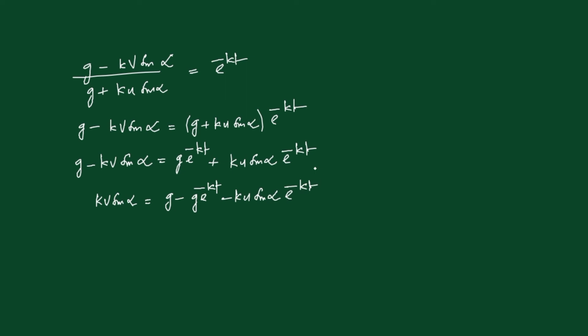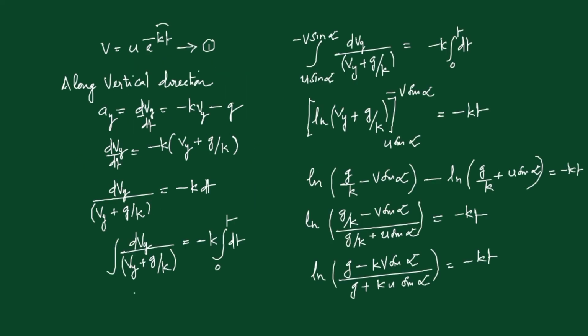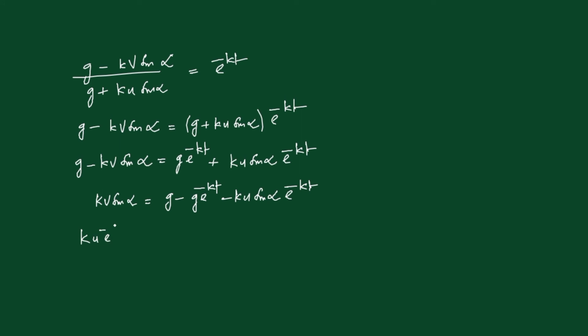We can substitute the value of v from equation number 1, that is v is equal to u e raised to minus kt. Therefore the equation becomes ku e raised to minus kt sin alpha equal to g minus g e raised to minus kt minus ku sin alpha e raised to minus kt.